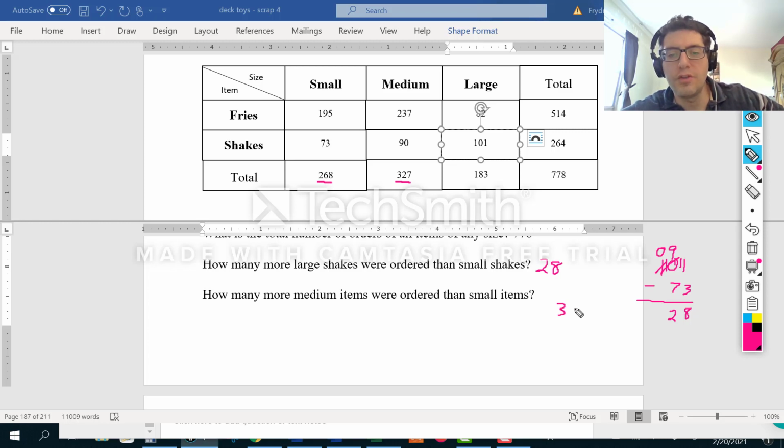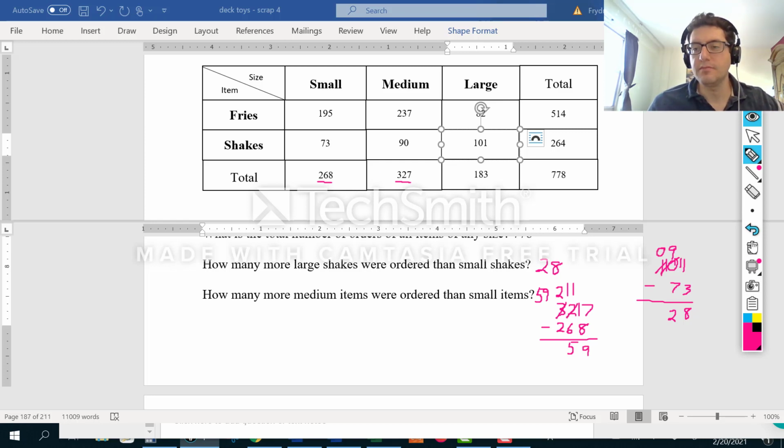So we're going to do 327 minus 268. Can't take 8 away from 7. Borrow from the 2. That becomes a 1. Put a 1 here. 17 minus 8 is 9. Can't take 6 away from 1. Borrow from the 3. Becomes a 2. Put a 1 next to here. 11 minus 6 is 5. 2 minus 2 is nothing. So we get 59. So there were 59 more medium items ordered than small items.